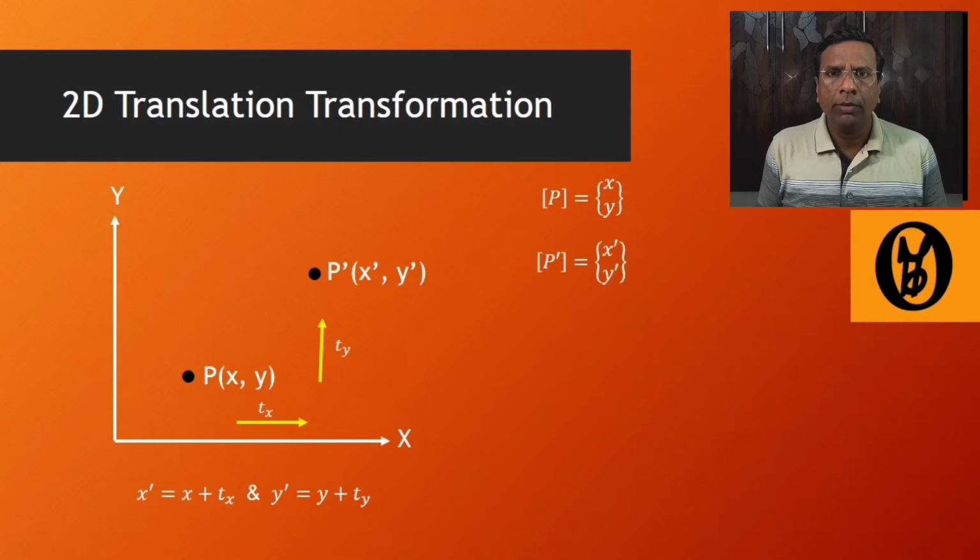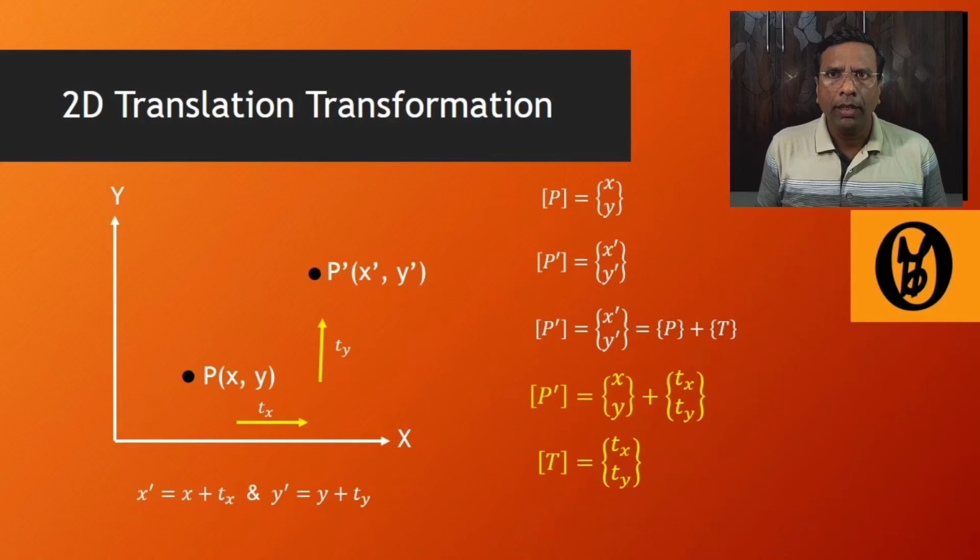So the relation between P dash and P can be written as matrix P dash equal to matrix P plus matrix T, where matrix T is the translation matrix which represents the translation in x direction and translation in y direction. So we can write matrix P dash equal to matrix P plus matrix T.